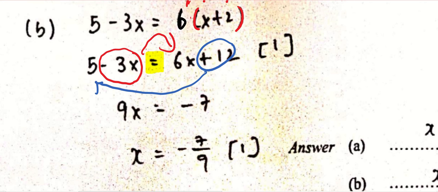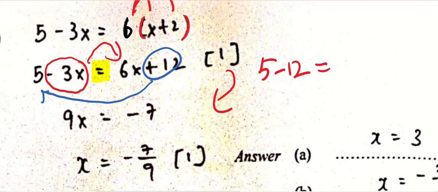So there is a need to change the sign. So there's a step skipped over here. Let me do it in full. So 5 I did not touch. Okay, I'm moving plus 12 over. Across the equal sign it becomes a minus 12. My minus 3x over here, when I move over, becomes a plus 3x.